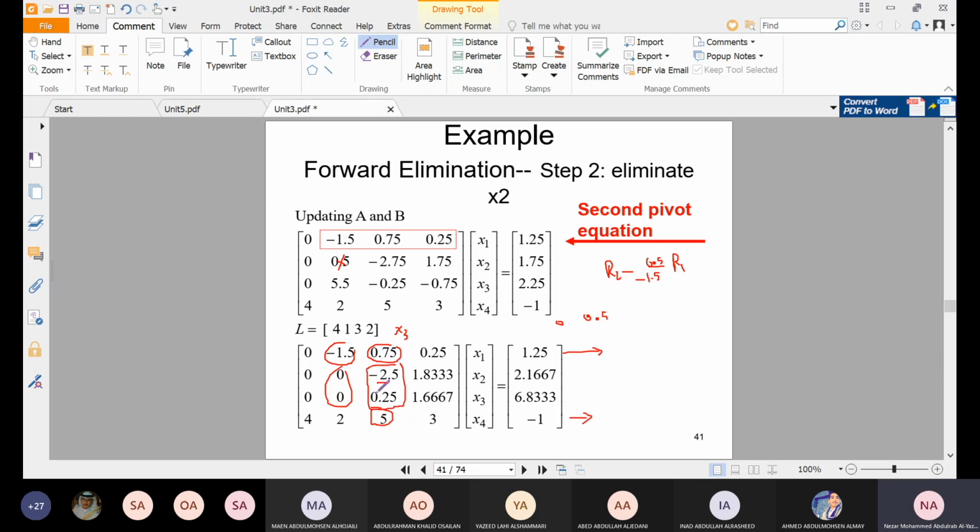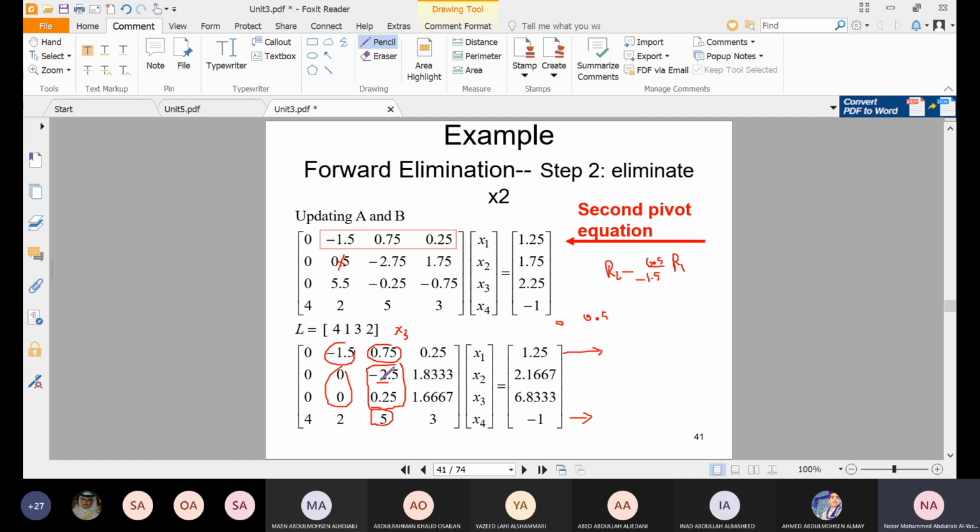So I have to compare row number 2 and row number 3 to select the third buffed equation. These are already buffed.